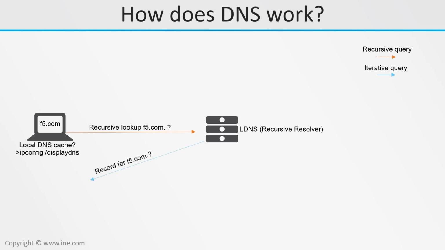Alright, so then the local DNS server will send what's called an iterative query, and an iterative query has the option for that DNS server to refer the client asking for the request to another DNS server, but also supplying the information that it does have. Right? So the recursive resolver is going to do all the work in the background.